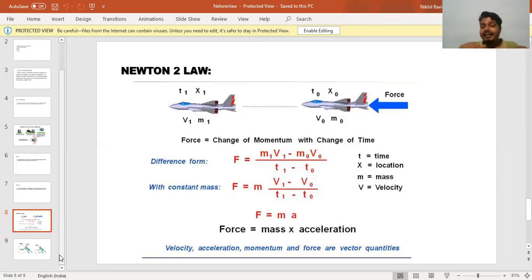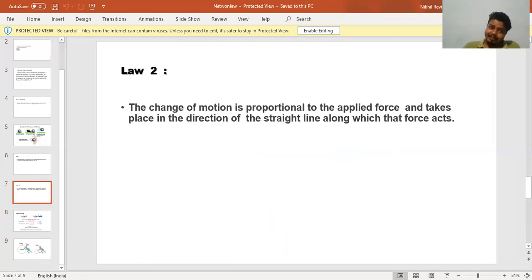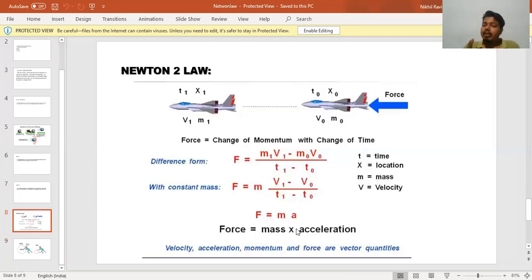From the equation F equals ma, we understand that force is directly proportional to mass. Motion is proportional to the applied force, and it is proved that force equals mass into acceleration. That means F is directly proportional to mass.